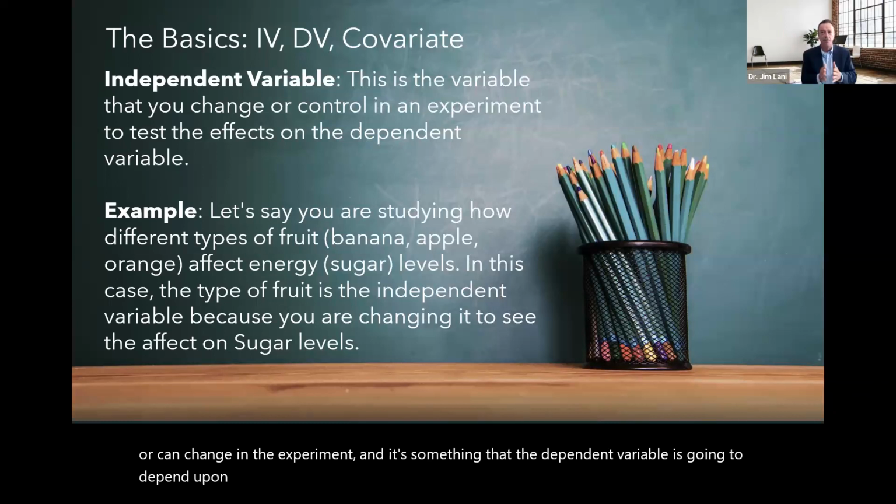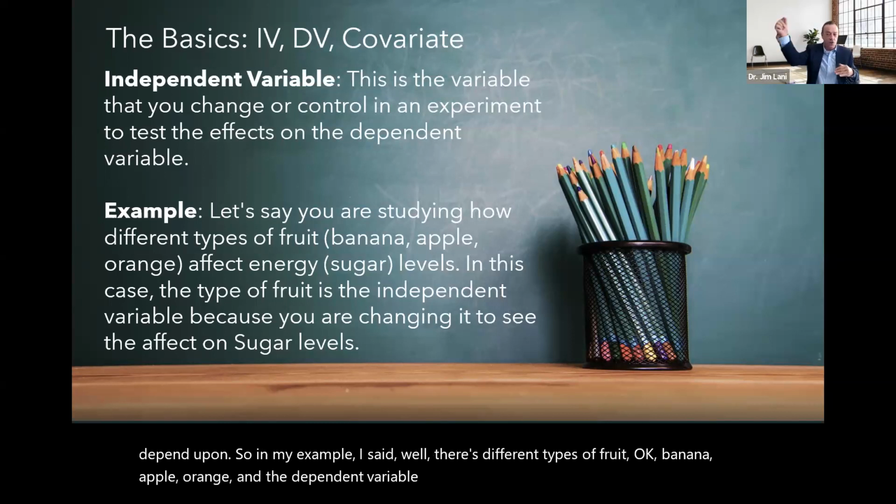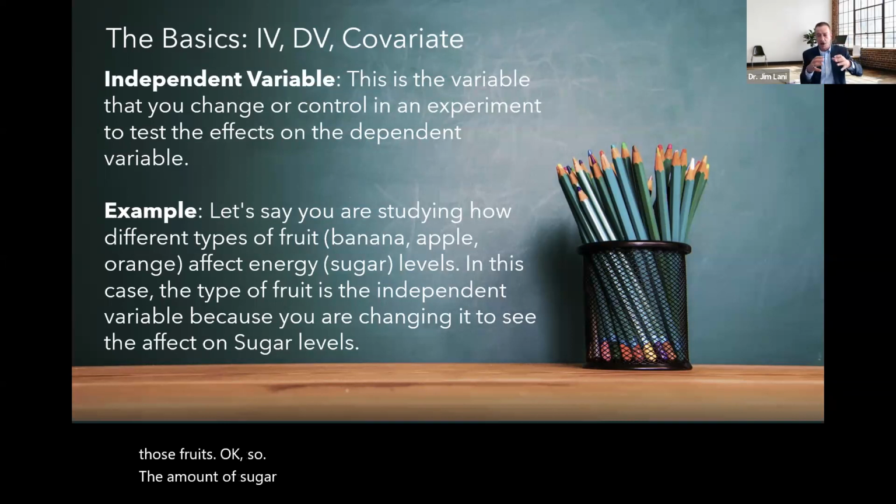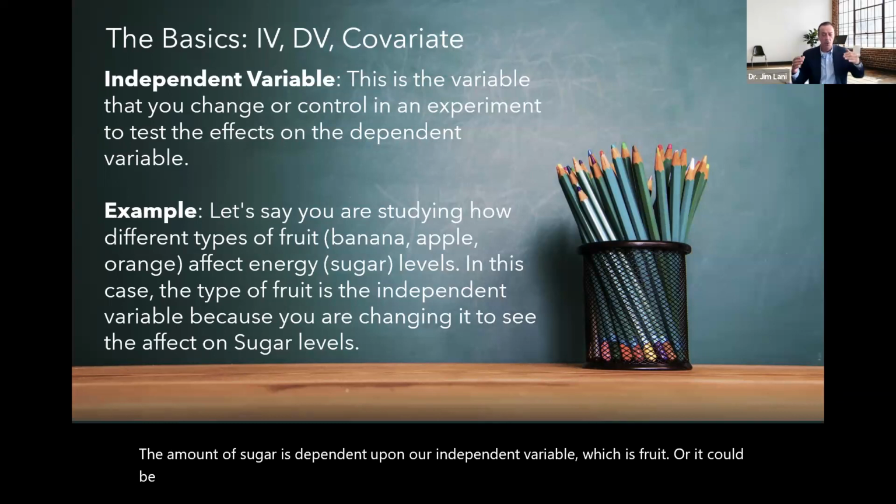So in my example, I said, well, there's different types of fruit, okay, banana, apple, orange, and the dependent variable could be the amount of sugar inside of each of those fruits, okay? So the amount of sugar is dependent upon our independent variable, okay, which is fruit, or it could be sex or some other grouping variable.